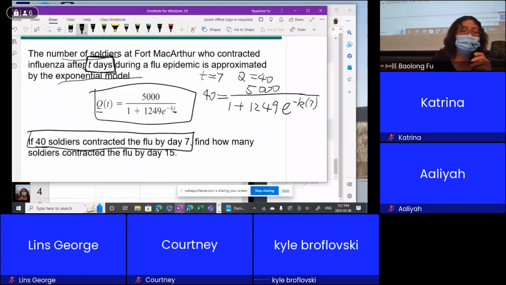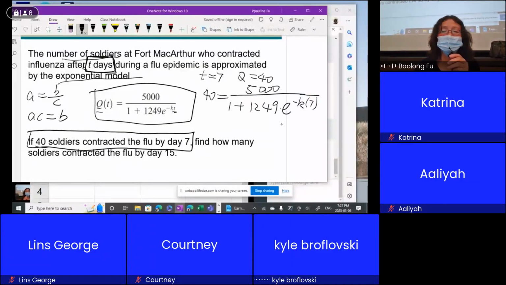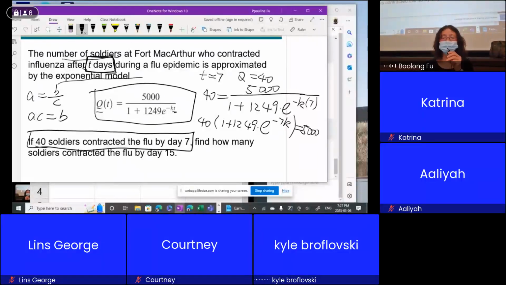Okay, now if you have A equals B over C, naturally A times C equals B. So we use this 40 times 1 plus e raised to negative 4K equals 5,000.